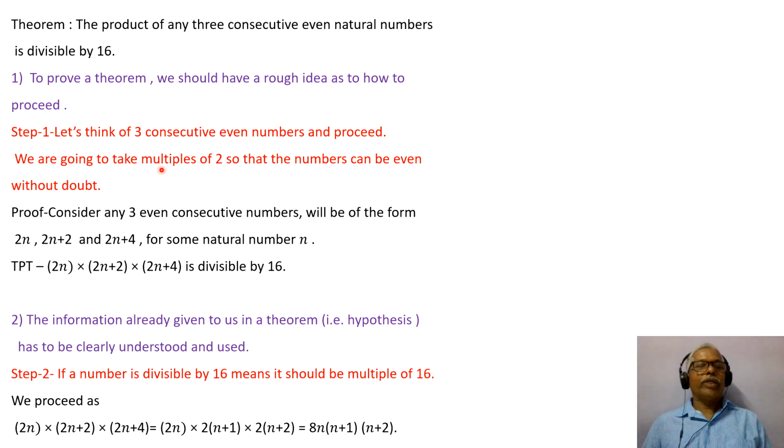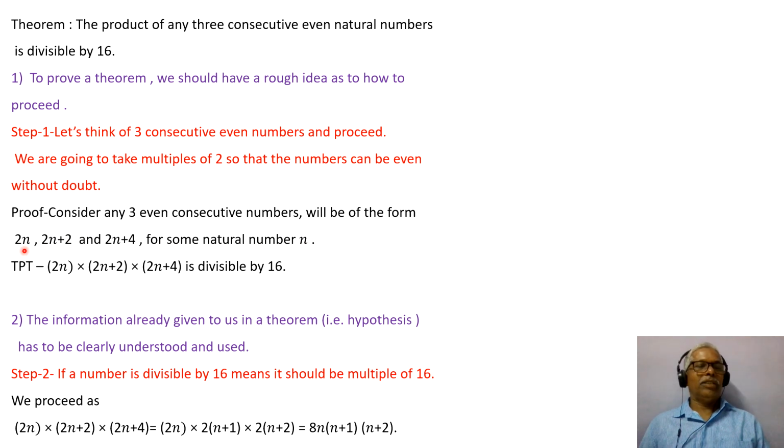So we are going to take multiples of 2. Even numbers means multiples of 2, so that the numbers are even without doubt. Now the proof: consider any three consecutive even numbers, which will be in the form 2n, 2n plus 2, and 2n plus 4, for some natural number n.